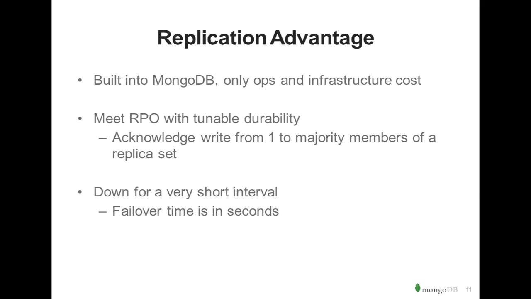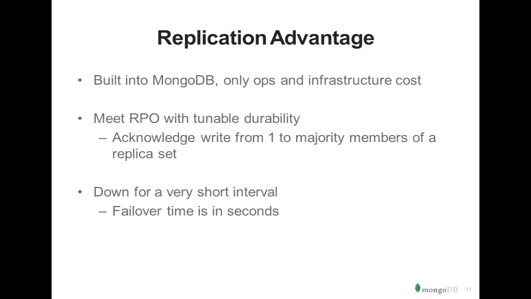So the thing is, you can use replication to keep your MongoDB database available for your applications. It's built into MongoDB. You do not have to install or maintain or manage any other software to make it possible.